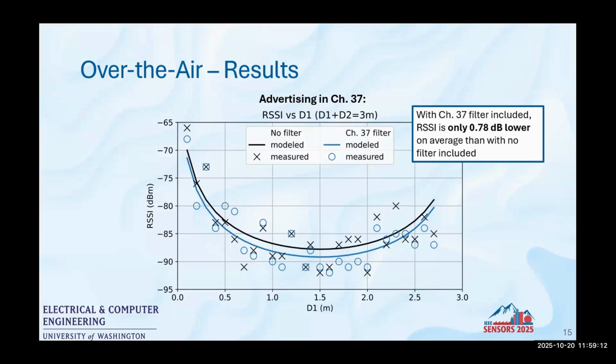However, we were able to receive packets at all distances D1 with no filter and with the channel 37 filter included, so our expected maximum range actually exceeds 3 meters. Moreover, our measured results generally followed our modeled results after multipath effects are considered. And crucially, the results suggest that including the channel selective filter doesn't drastically reduce the performance of our BSM. In fact, the RSSI is only 0.78 dB lower on average with the in-channel filter included.